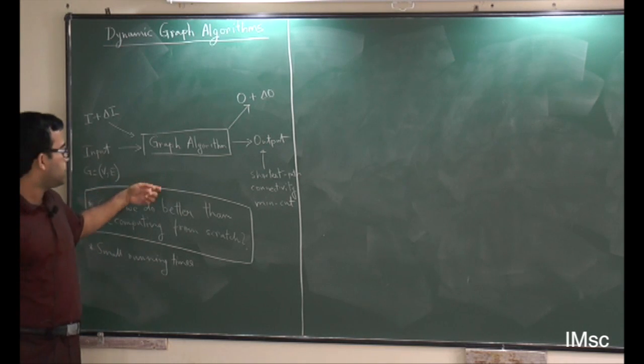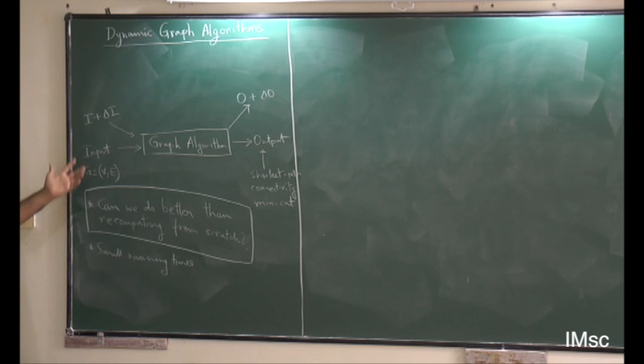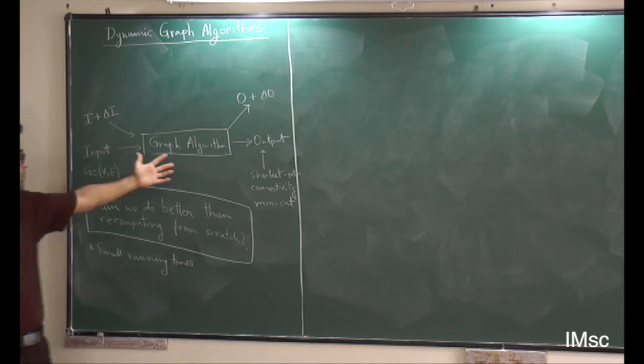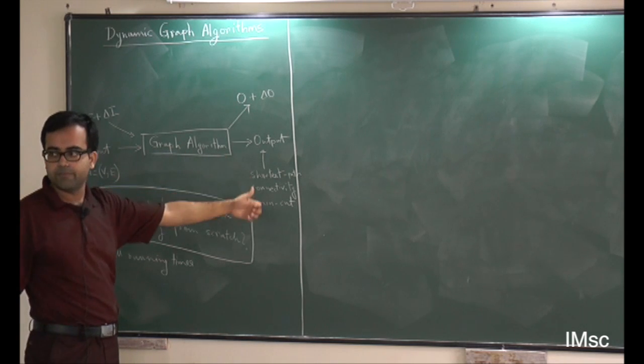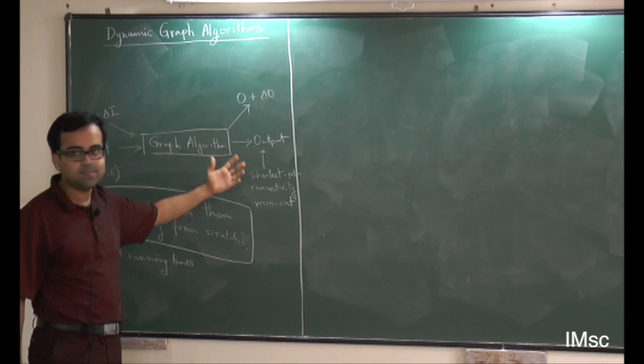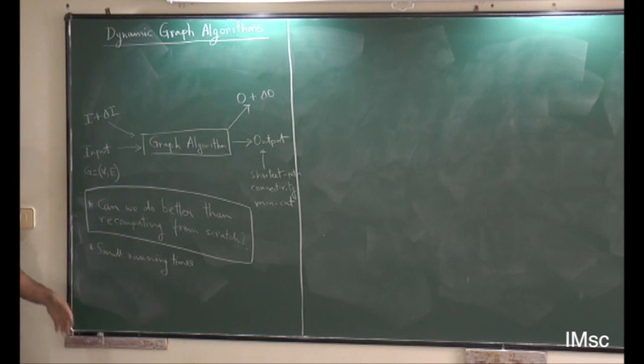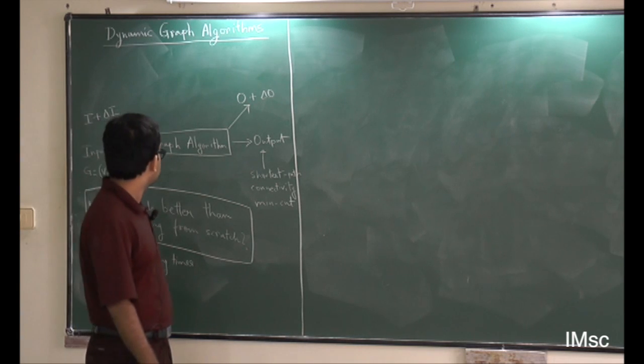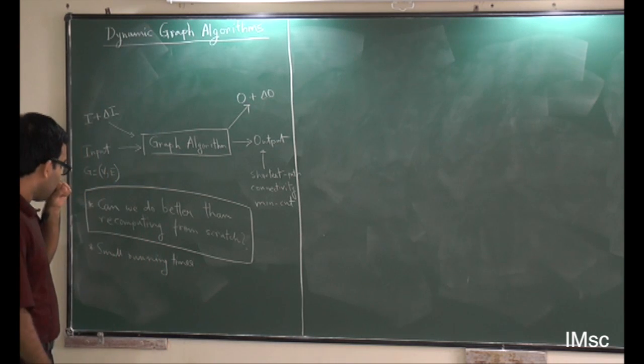And as you can see, this question can be asked in the context of any graph algorithms problem. There is nothing specific about shortest path or connectivity or min cut. You can ask this about matching, about vertex cover, any classical graph algorithms that you have studied in your undergrad algorithms course.